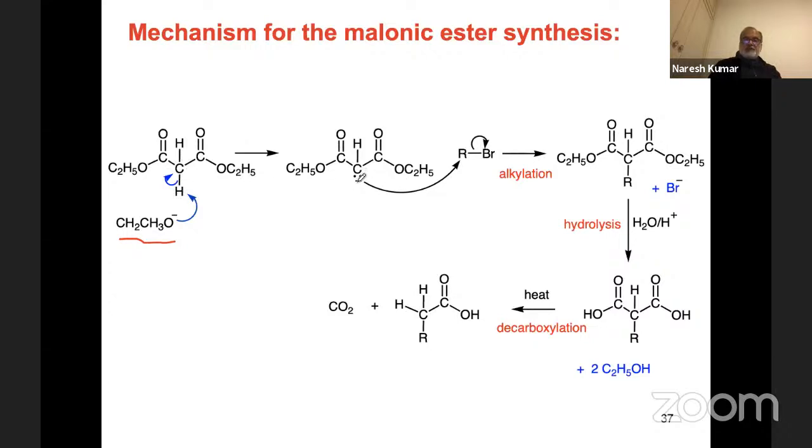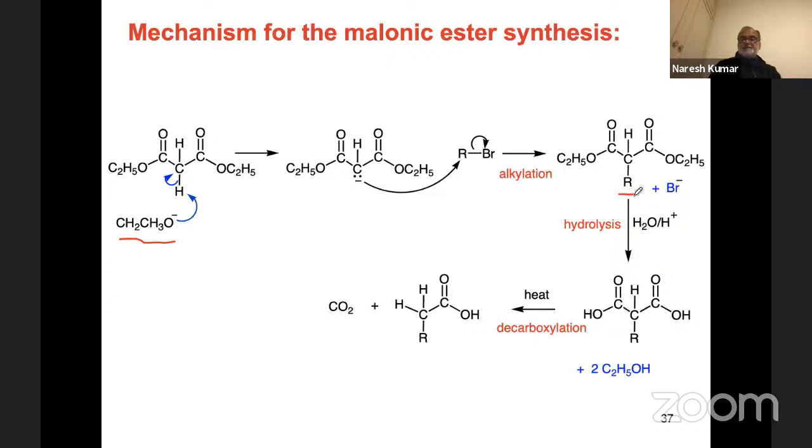And once the proton is removed, you generate this carbanion, and this can be stabilized by enolization, or resonance structure, with that double bond.